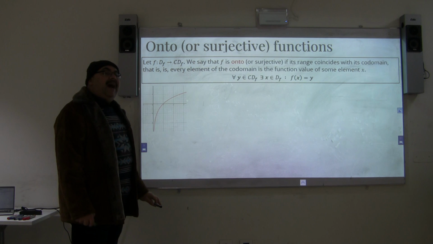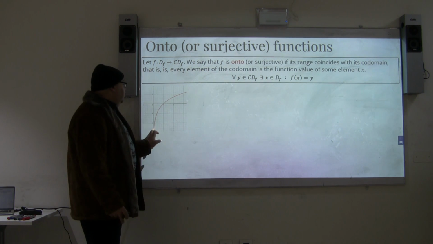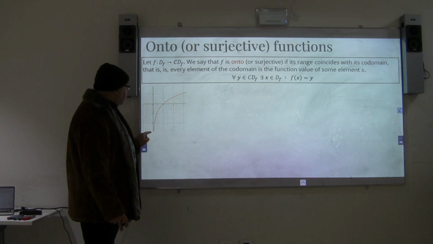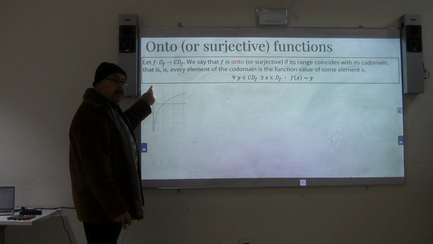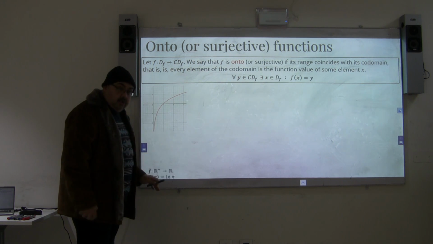Okay, that's a very nice example for surjective functions. Let's look at the output, the range of ln. If you look at the range of the ln function, you will find that all the y-axis is covered. So the range is from negative infinity up to positive infinity, which means the range covers the codomain.